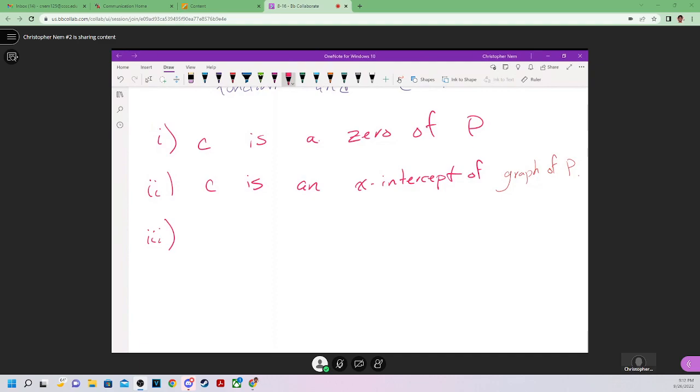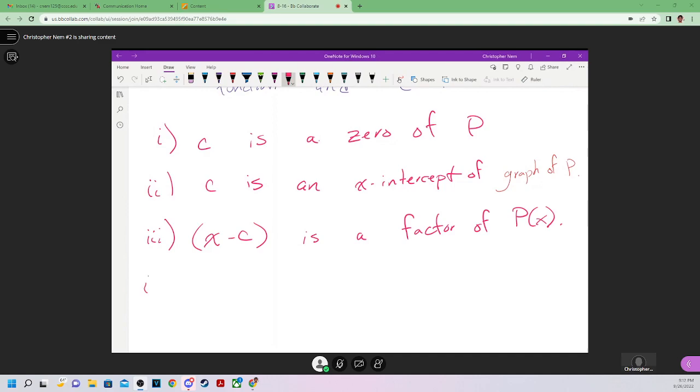Now we have another one that's equivalent to all of these. If we have an x-intercept, we can say that x minus c is a factor of P of x. That's very powerful. If we have an x-intercept or a 0, we can say that x minus c is a factor of P of x. That's very important.